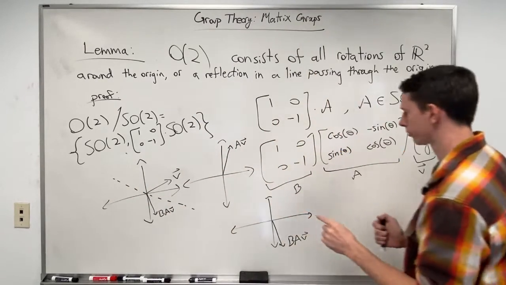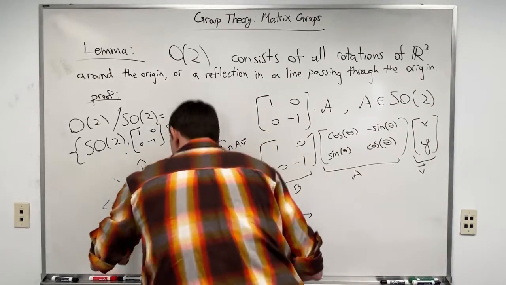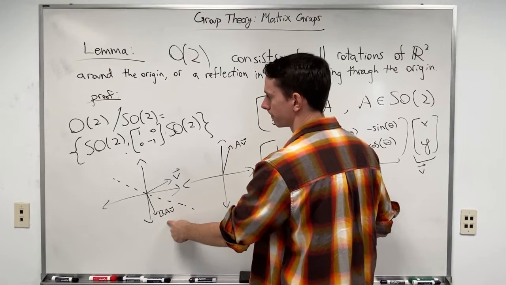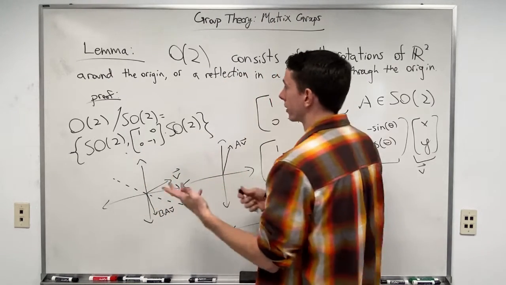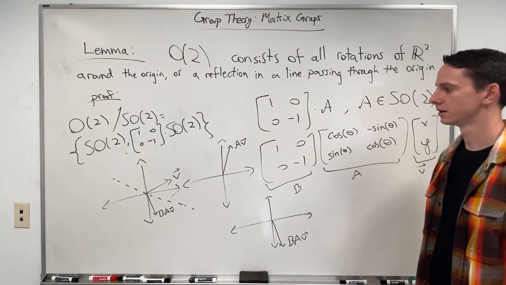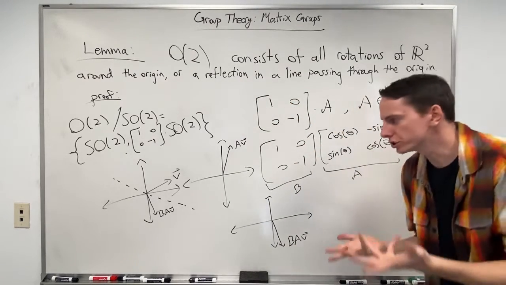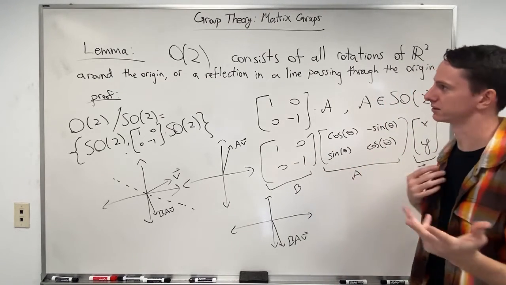And the act of performing B and A together would be reflecting it about that axis. Elements in this left coset, that is what they are doing, and that is the second part of the lemma. I hope by visually trying to describe that, at least as best as I can, that makes sense.